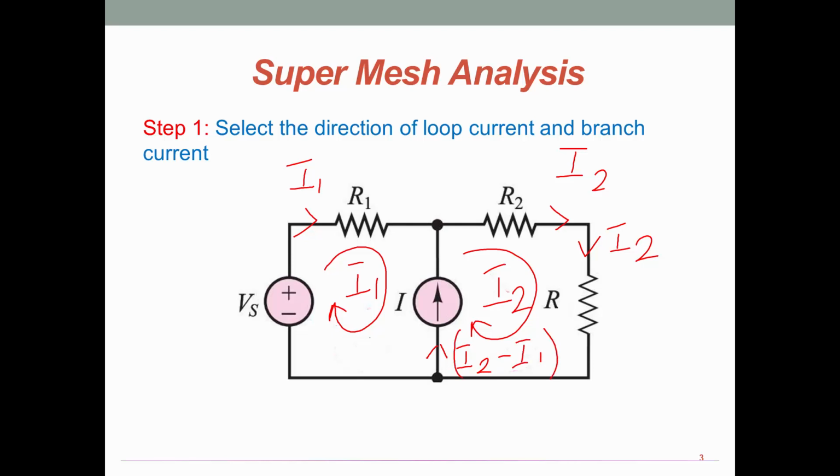Why upward? The direction of the current source is clearly represented, so it is upward. Why I2 minus I1? The current source is in the direction of I2, that means I2 is greater than I1, so I2 minus I1. Finally, I have selected the branch current and loop current on this circuit.